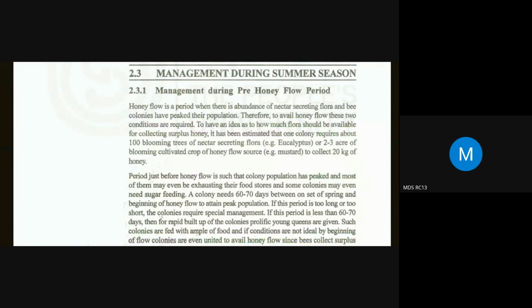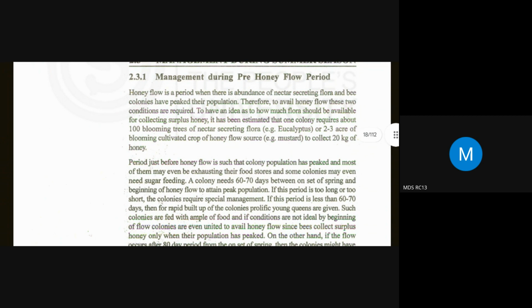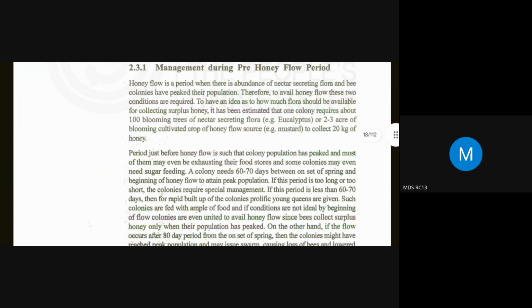Okay, management during pre-honey flow period. That is early summer, just before most of the flowers start opening. By that time, what do we have to take care of? Honey flow is a period when there is abundance of nectar secreting flora, and bee colonies have peaked their population.